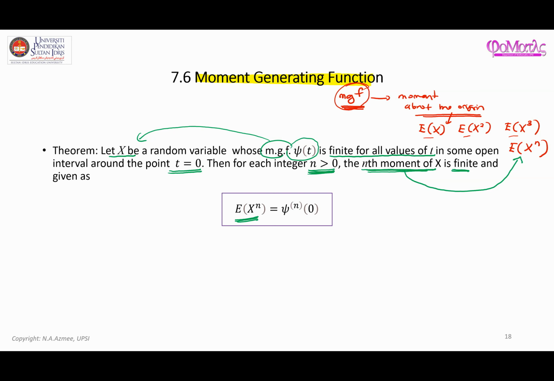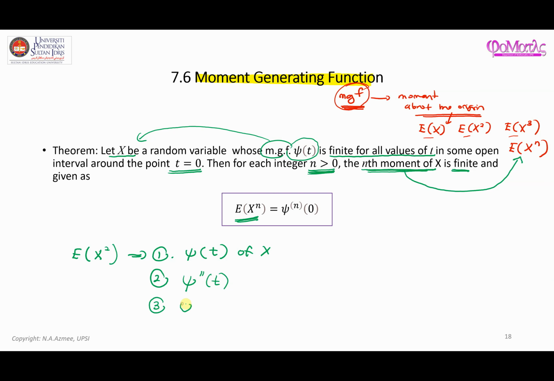I'm giving you a simple example. Let's say you would like to find the second moment about the origin. The first step is to find the MGF of X. Since you are interested in the second moment, you need to differentiate the function twice.